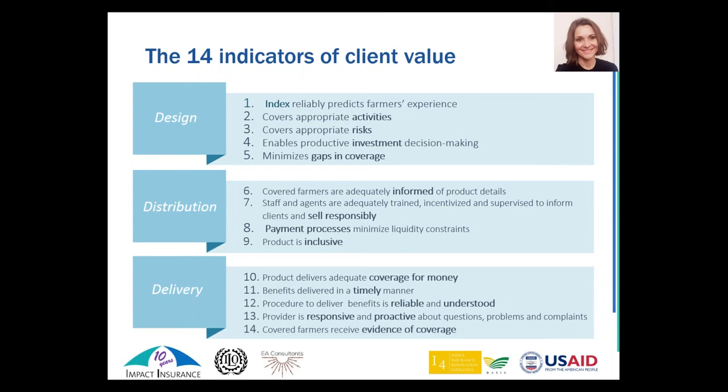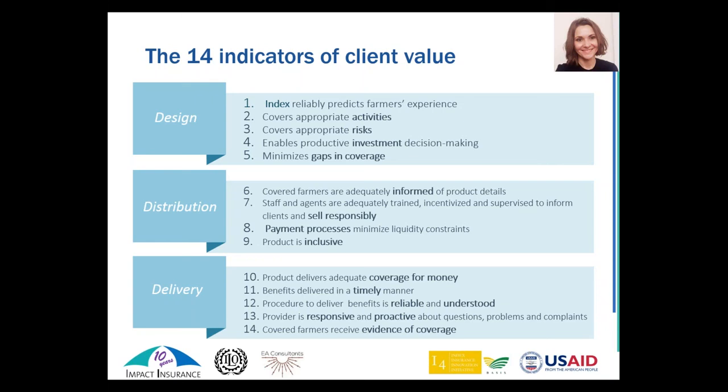That's more the approach. And so what you will have is typically, I already mentioned indicator 2 and 3, making sure that the product covers appropriate activities and risk. This is something that will be part of the ex ante tool directly. For indicators such as indicator 5, minimizing gaps in coverage, instead of asking farmers whether they have experienced a gap in coverage, what we will do is check if efforts have been made to understand and analyze the crop cycles, and make sure that the product is designed in a way that will minimize these gaps later.